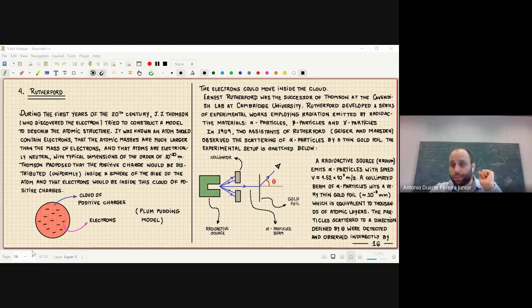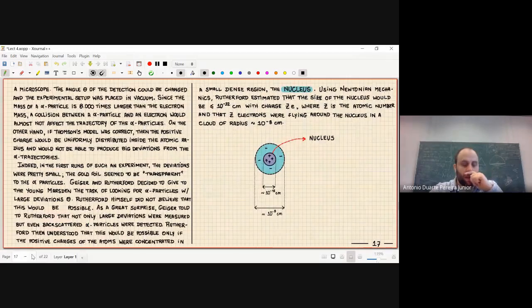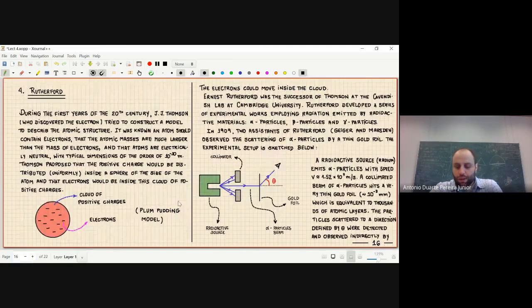This is the setup of the Rutherford experiment. This whole setup was placed in vacuum in such a way that these alpha particles would not collide with anything on the way. So the only obstacle they would encounter was the gold foil.